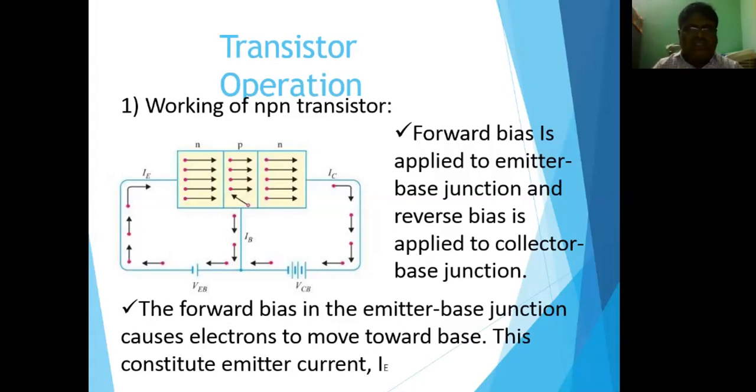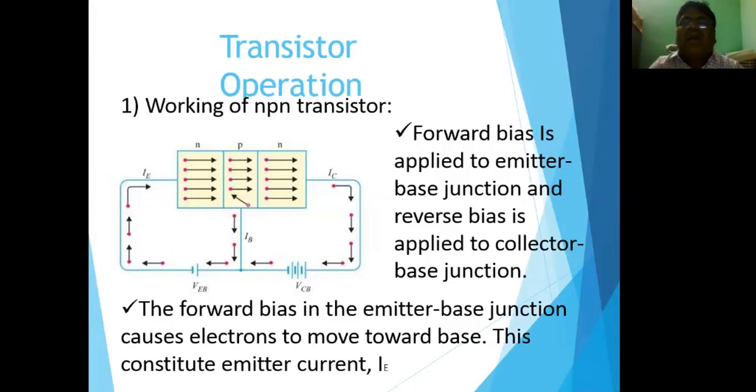The forward bias in the emitter base junction causes electrons to move toward the base. This constitutes the emitter current. Whenever forward bias voltage is applied between the emitter and base junction, automatically some current flows. That current is called IE, the emitter current. I suffix E: E for emitter, I for current.